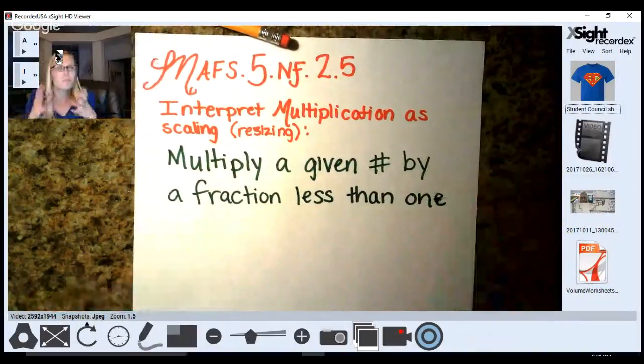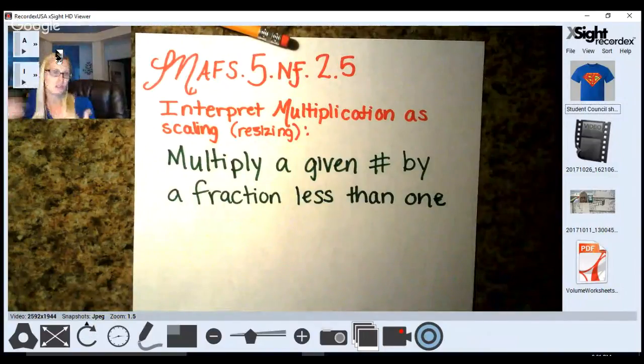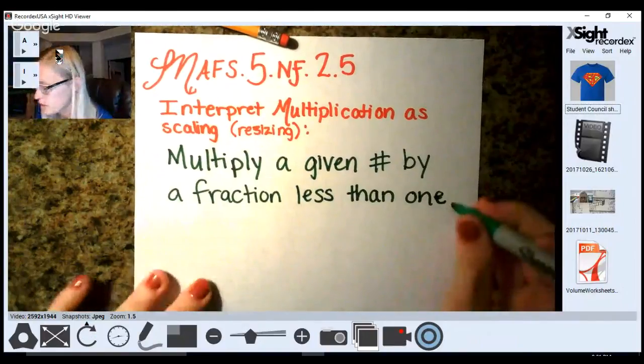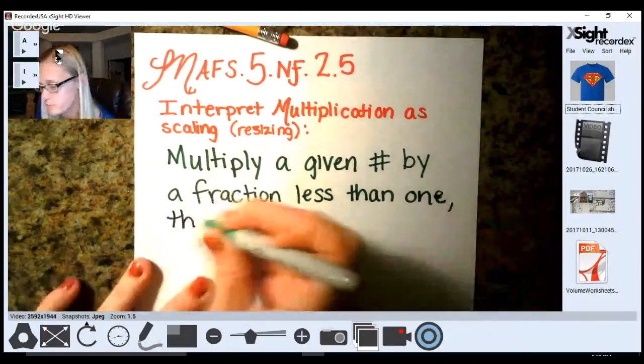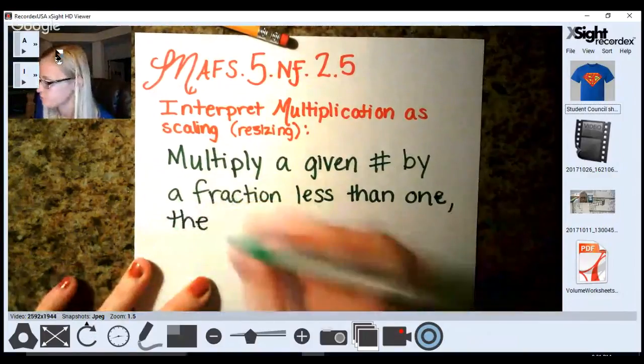I'm going to keep a piece of it. So if I cut it into thirds and I did 2/3, then I would keep 2 of those pieces and I would be getting rid of a piece, so it would be getting smaller. So when you multiply your fraction by a fraction less than 1, the product will be less than the given number.